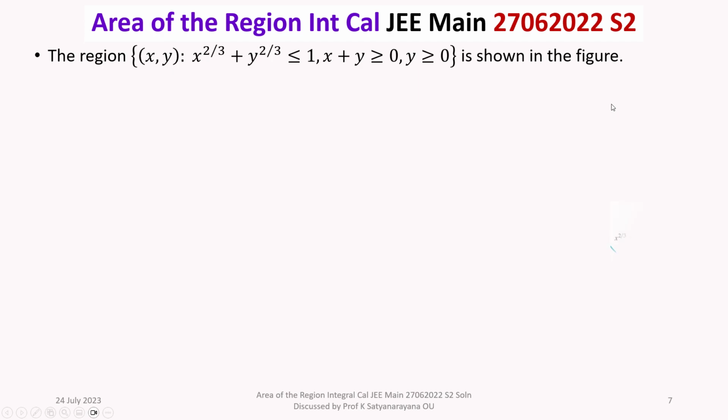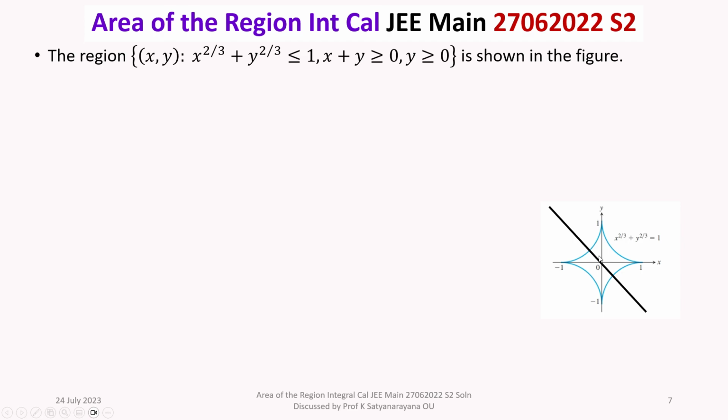Let's get into the picture. So that's our asteroid. All points that lie inside and on it. So let's take y is equal to minus x. This is y is equal to minus x. And x plus y greater than or equal to 0 means y greater than or equal to minus x. That means all points lie above this line, and common to all points that lie inside and on the asteroid.